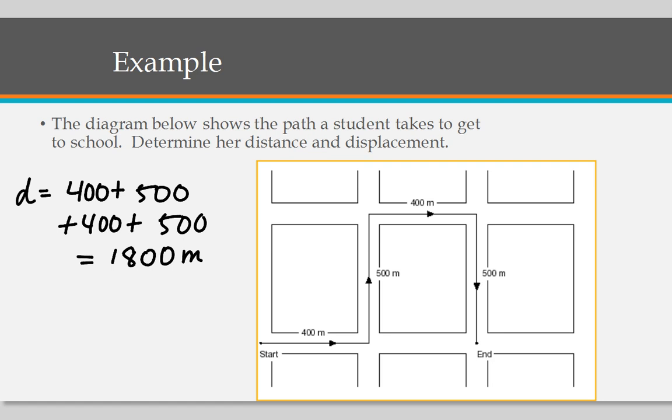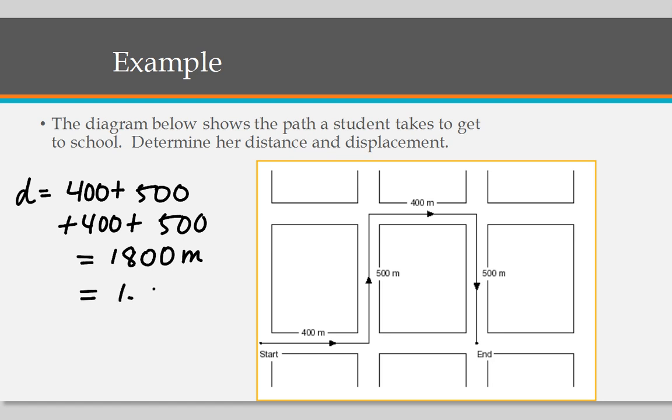Now, in terms of significant digits, what do you notice about the diagram? How many significant digits? 3. So, while this is a simple example, you might forget about significant digits.